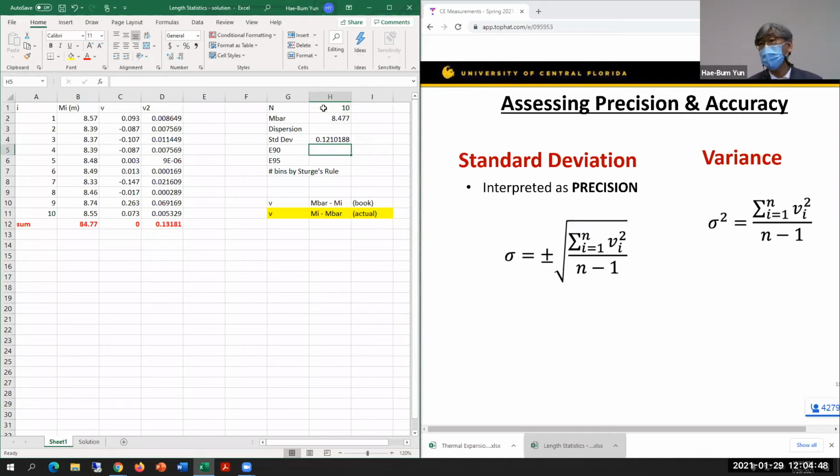And you have a standard deviation. We have a dispersion here, right?